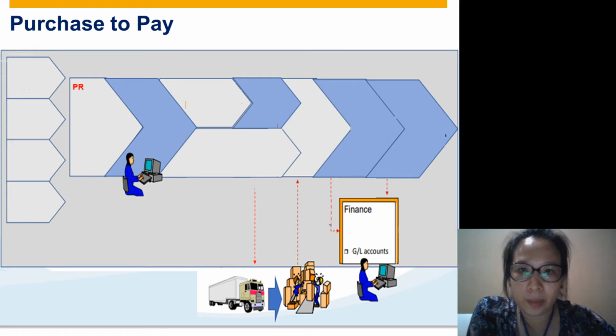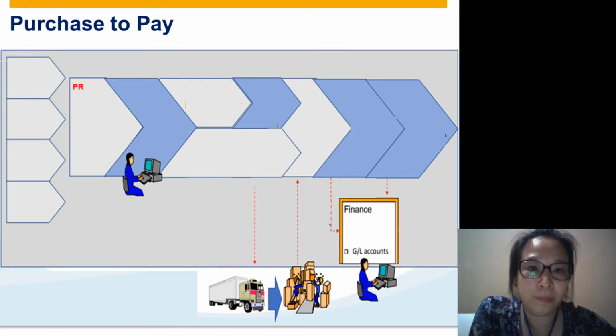So whenever there is a need to buy some product, we will have to make what we call a purchase requisition. The purchase requisition defines what the needs are. The PR can be created in two ways. The first, we can create it manually, or sometimes we call it direct.